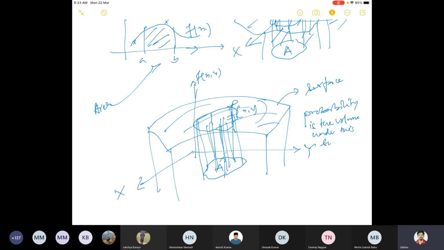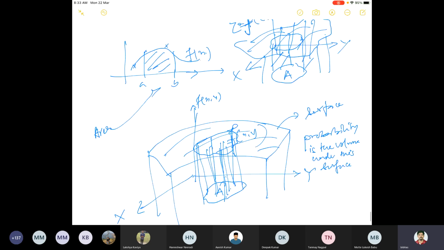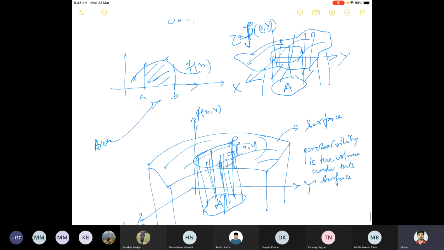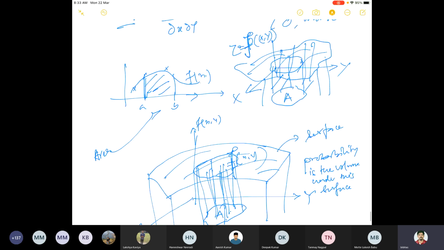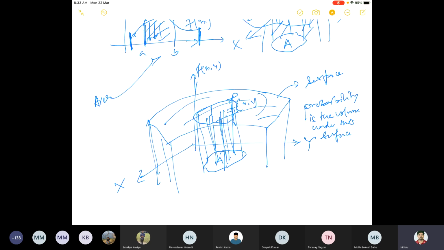under the surface. So whenever we said it is a PDF, we said this entire area should be equal to 1, and here is the same thing. The volume of the entire space, which is under the surface, has to be 1.